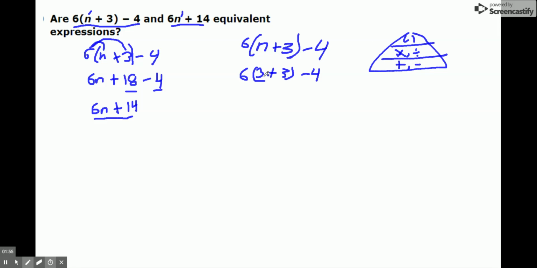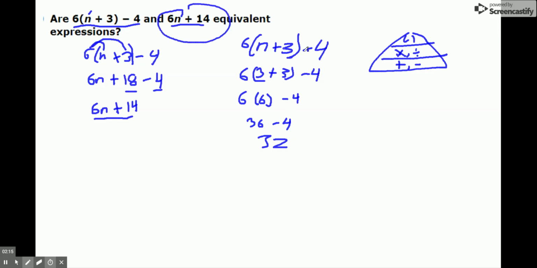So I start with the parentheses, 3 plus 3, so that is 6. Then I do 6 times 6, since the parentheses indicate multiplication. 6 times 6 is 36. Meanwhile, I still have to subtract 4.